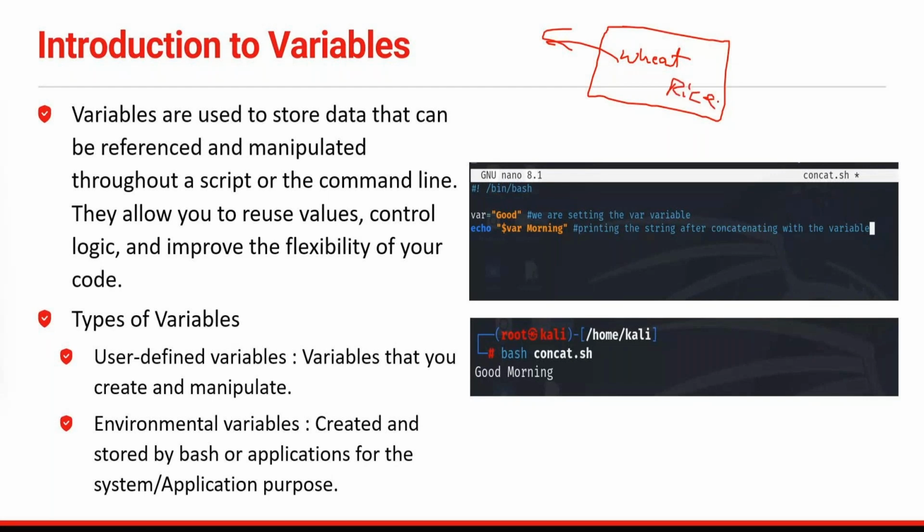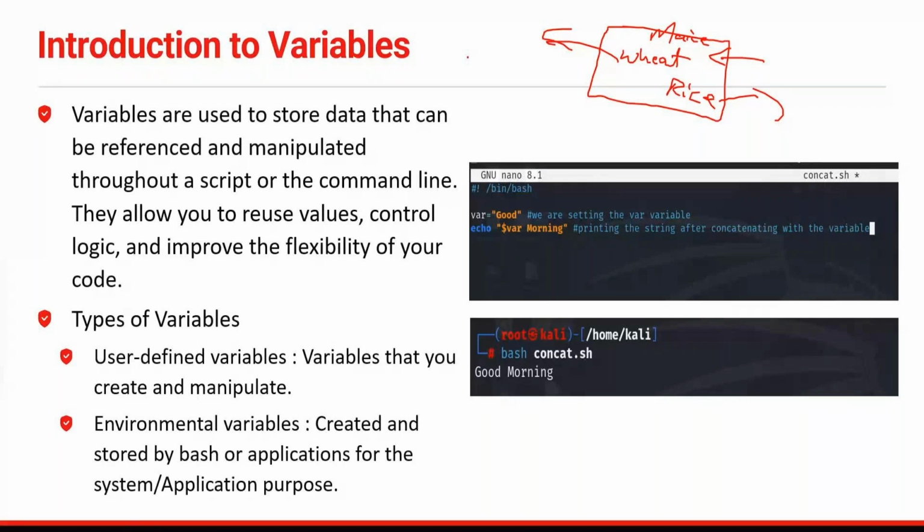right? Then I can remove the rice. I can put, let's say, maize in that, right? So it can be anything. So a variable is a kind of container which is holding some value. Now it can be a number, a decimal number, or a float, right?